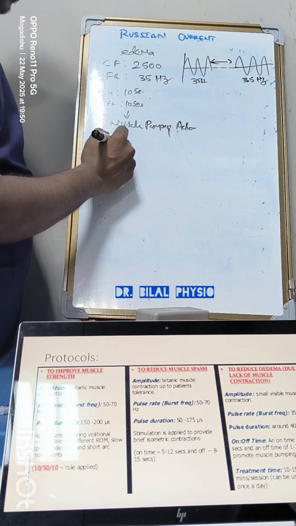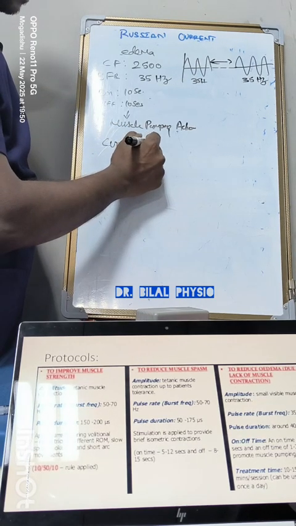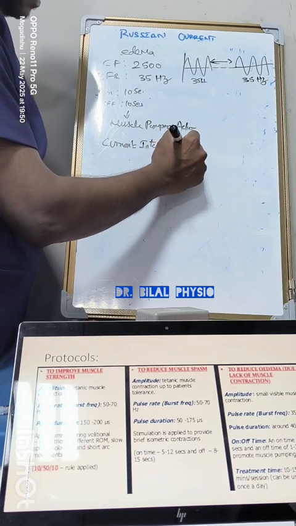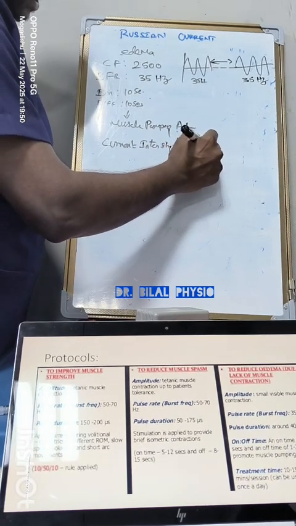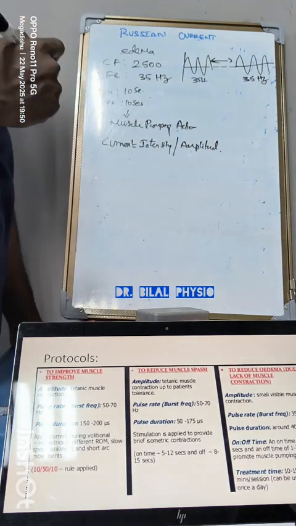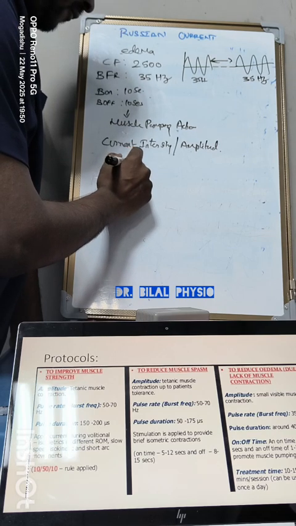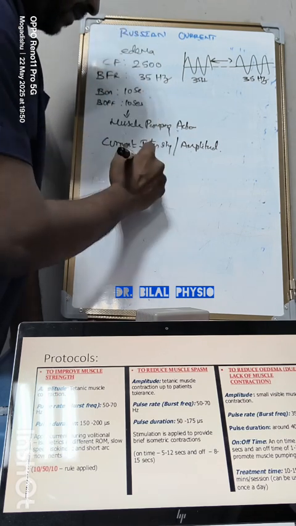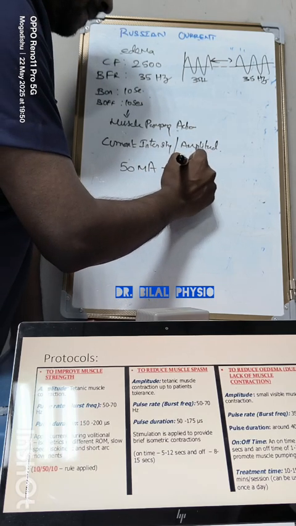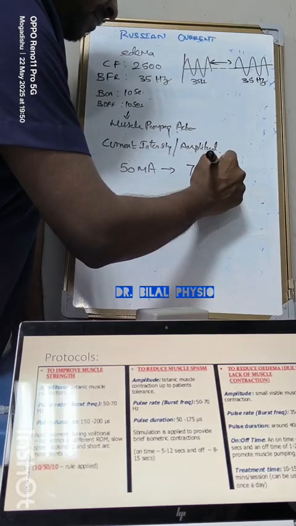The current amplitude, or the current intensity, in all the four conditions will range from a minimum of 50 milliamp to 75 milliamp.